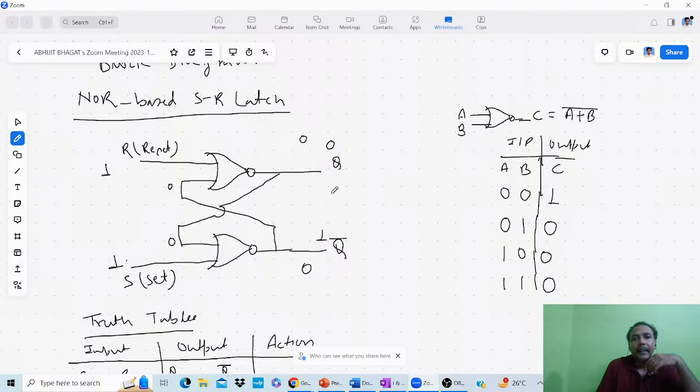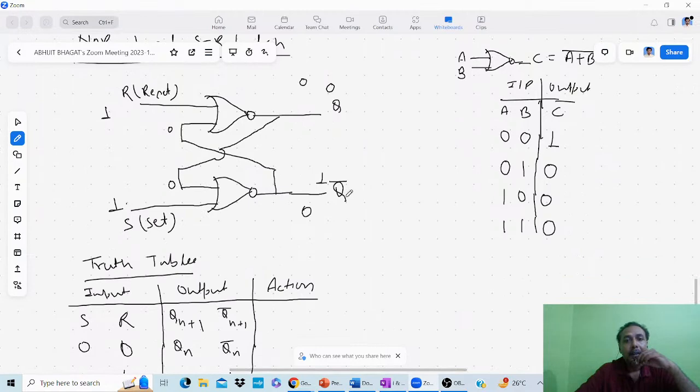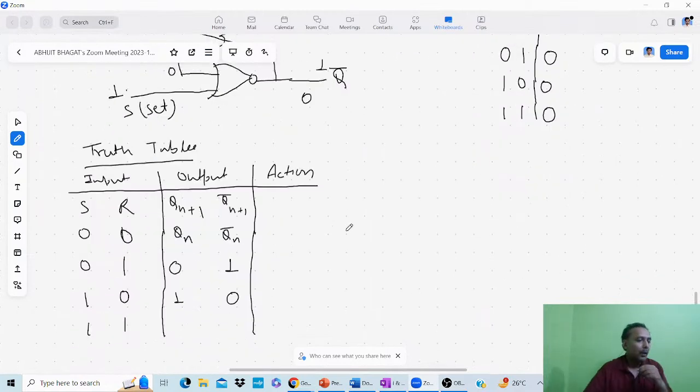So you can see in this case, when you supply the 1 1 to the input side, across the output you will get Q is 0 and Q bar is 0. So it is not possible because Q and Q bar are complements of each other. So this is the forbidden condition.